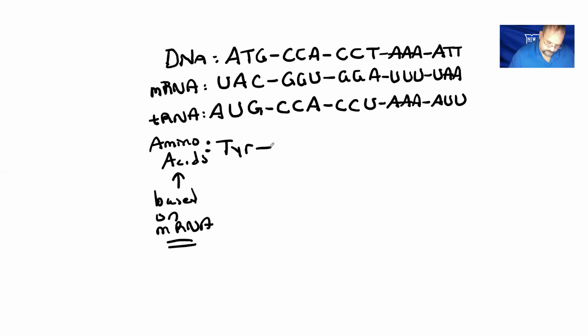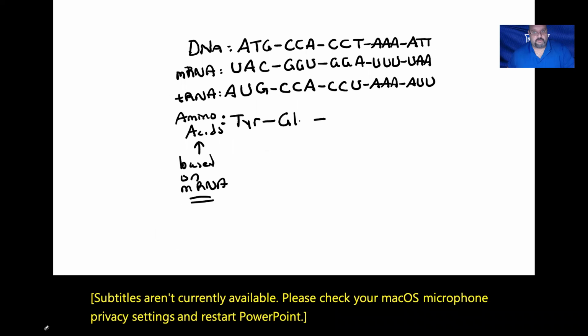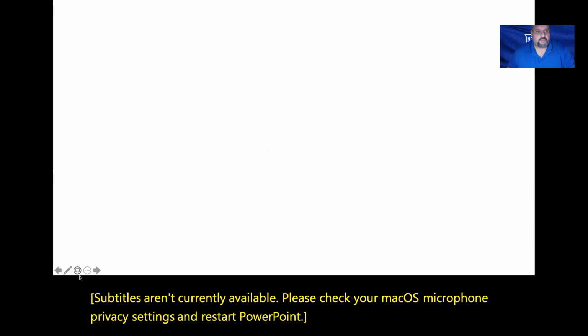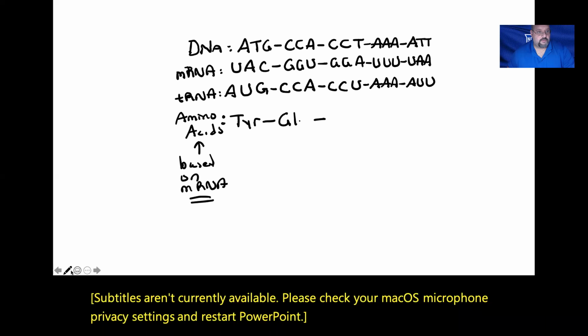GGU would give us an amino acid of, sorry, not GLU, would give us GLY. And let's get the pen back. All right.